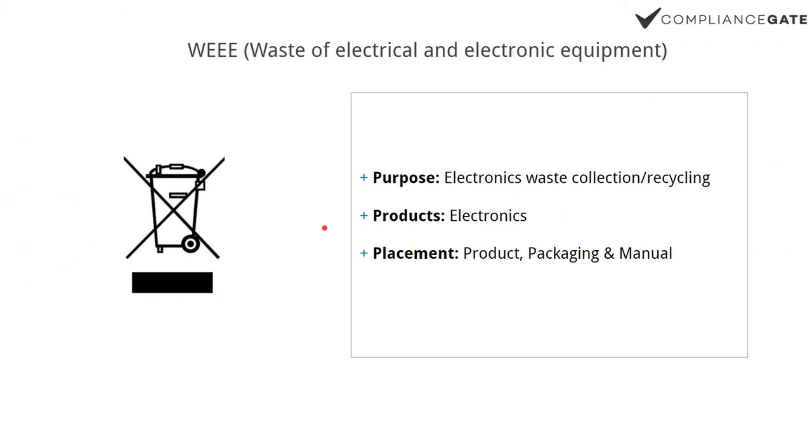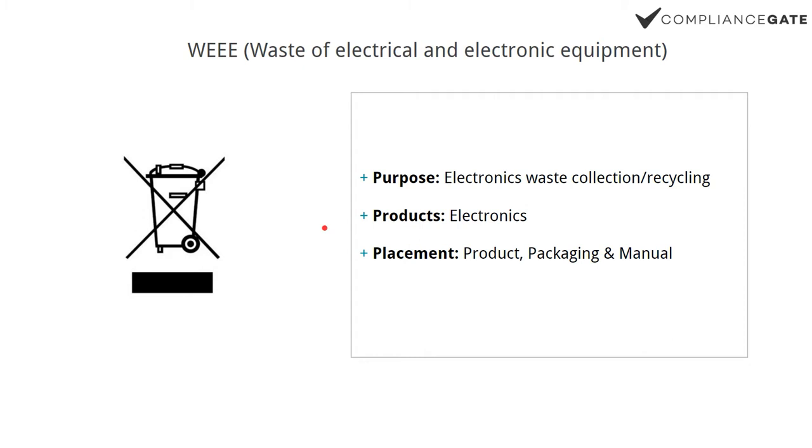Okay, next one is WEEE, waste of electrical and electronic equipment, and this should be present on the product and indicates separate waste collection and recycling specifically for electronics. And WEEE goes beyond labeling.